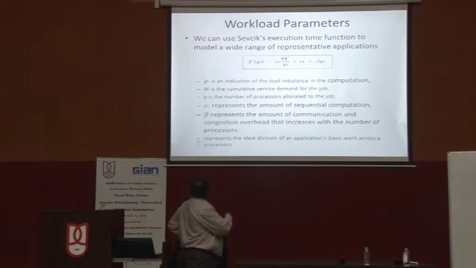This is the load imbalance in the computation, and this represents the division, the amount of work that your application will do if it is divisible by the number of virtual machines.